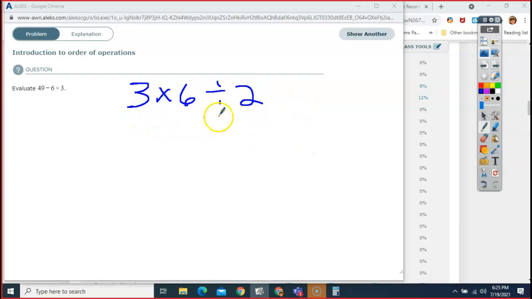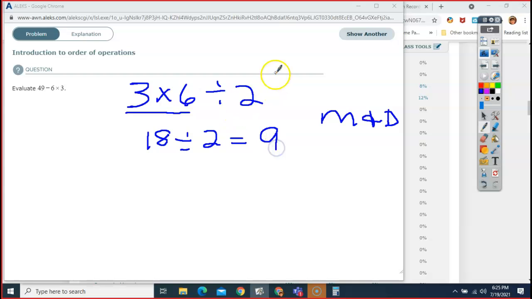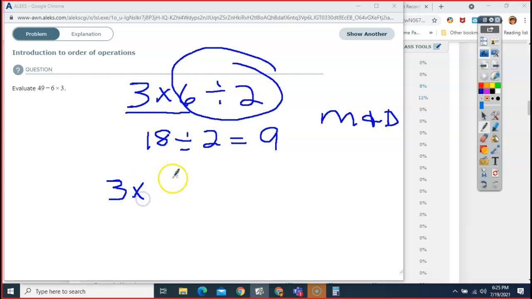It doesn't matter because M and D are on the same level. If I do 3 times 6 first, and I get 18, and then I divide by 2, that's 9. If I do 6 divided by 2 first, that's 3.